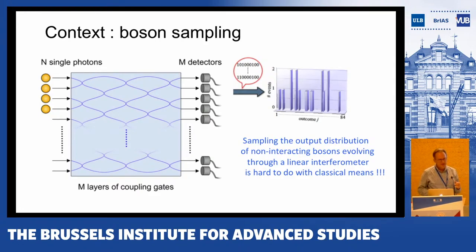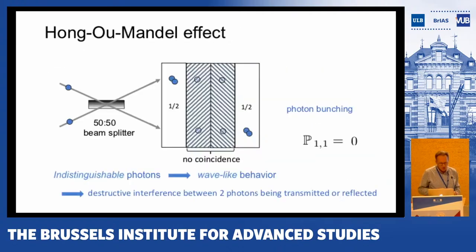My point here is that this is eventually all about quantum interference effects, and that's what my talk will be about. I'll start with a textbook example, which I guess you all know very well, namely the two-photon interference effect, the Hong-Ou-Mandel effect.